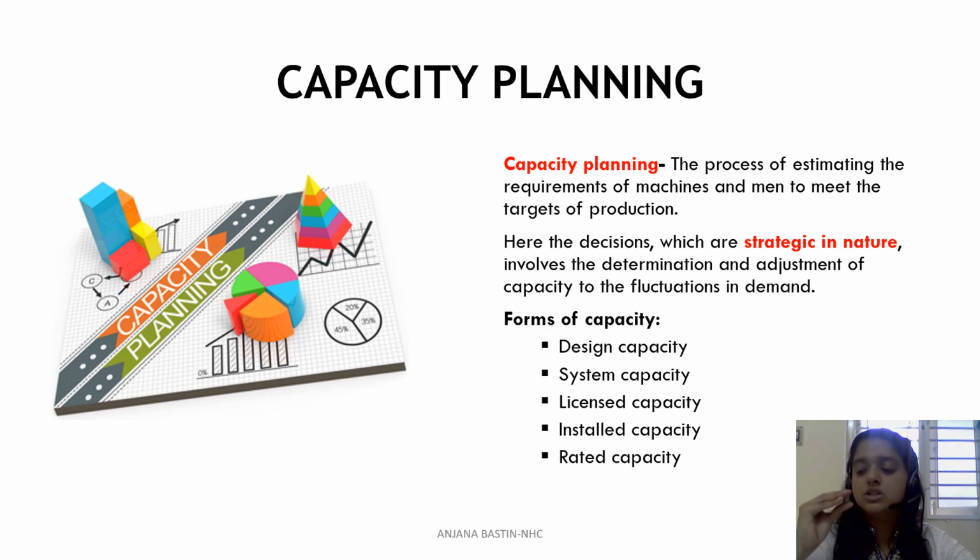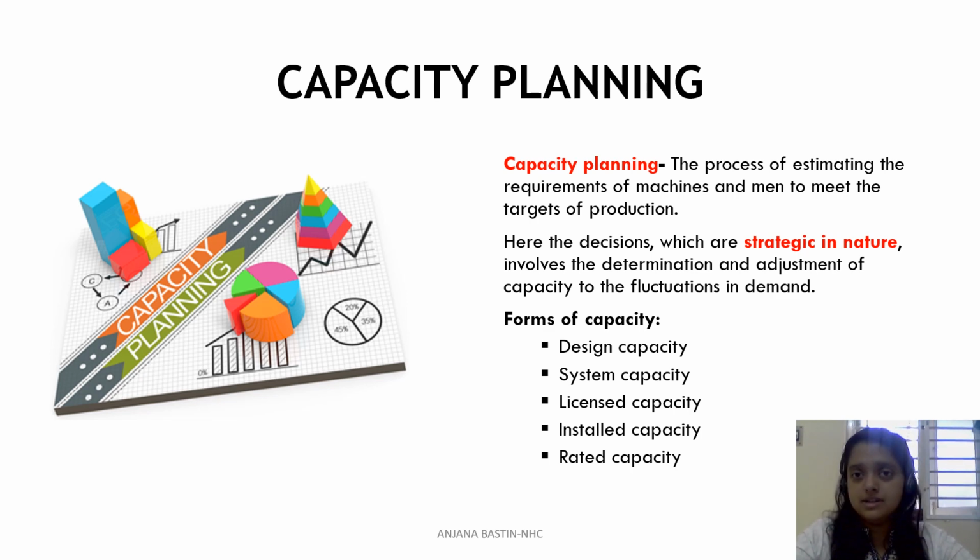Those estimates are taken by analyzing the market, by analyzing the type of machines which we have. The engineers or the planners take up a predetermined standard. They fix the standard. So that is your design capacity. It is a standard which is designed by the technical staff or the engineers or different planners.